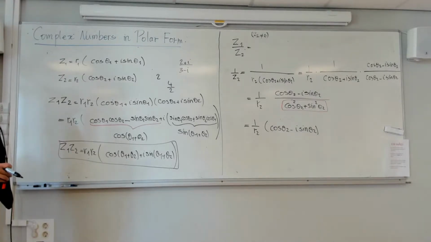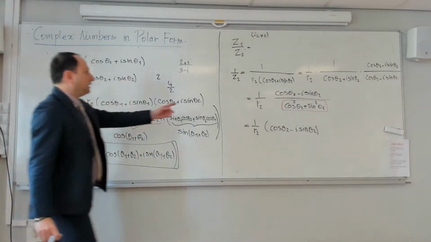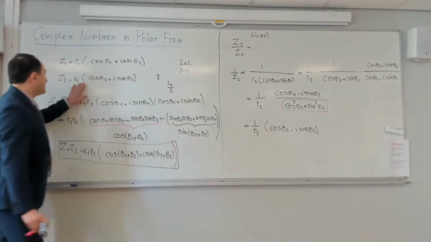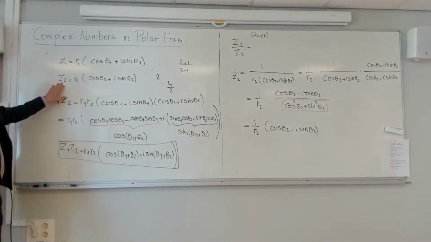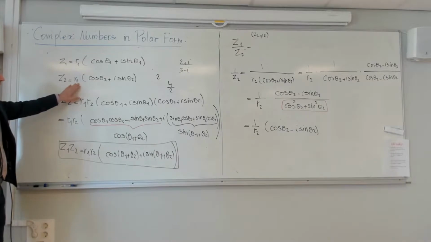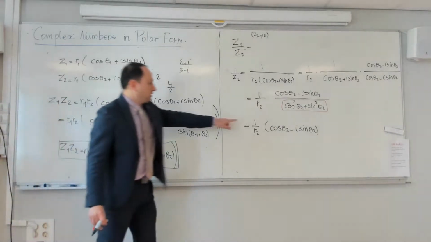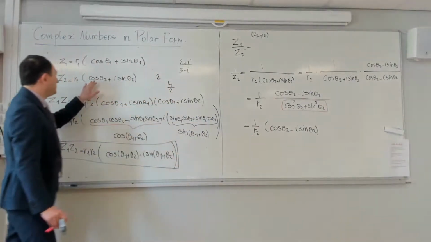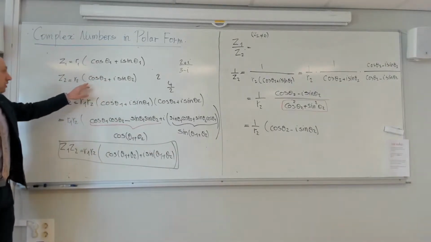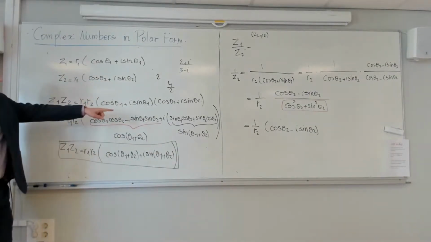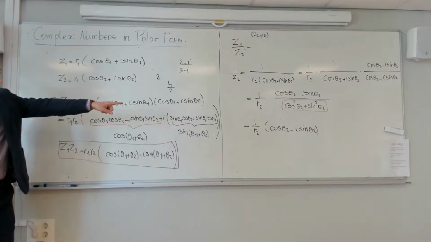Okay. But now, what is happening? If I want to calculate the reciprocal of a complex number in the polar form, the first rule is easy. Just calculate the reciprocal of this absolute value. But something interesting happens here.